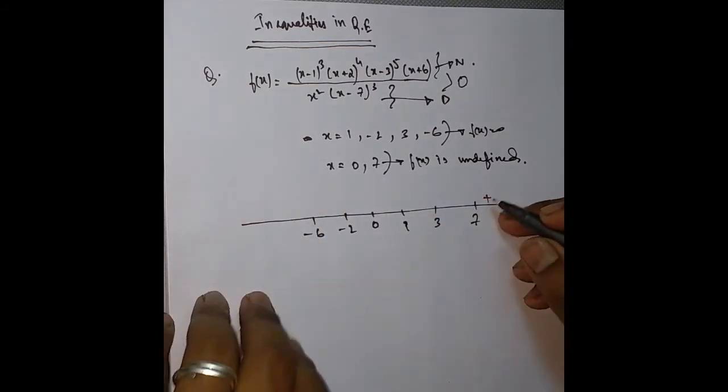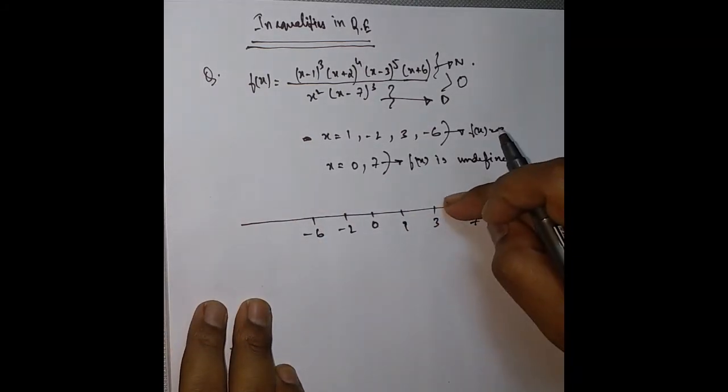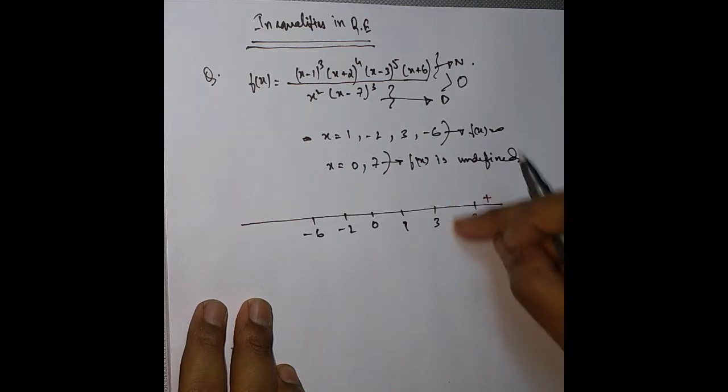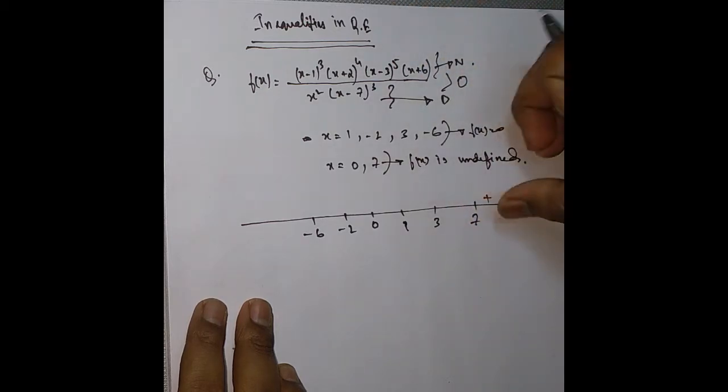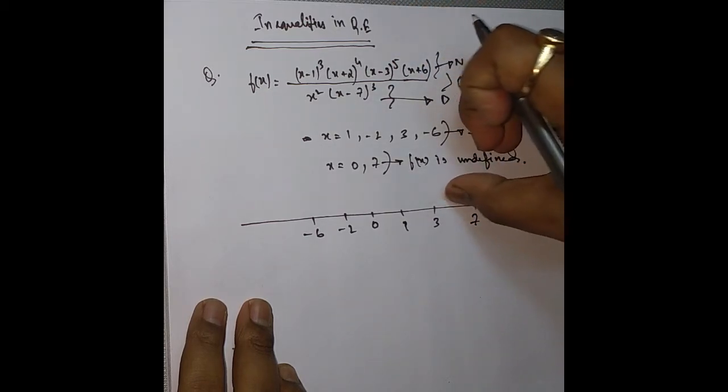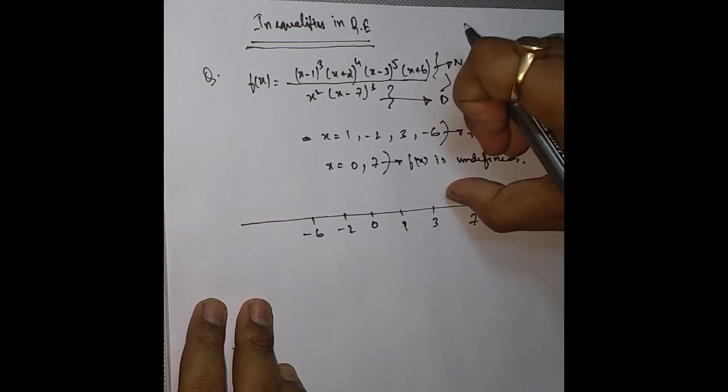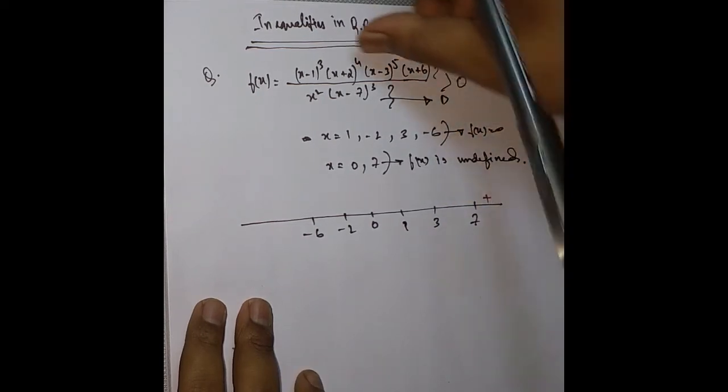And we will put a negative sign depending upon the power of x minus 7. If in the next interval it will be plus or minus, it will depend on the power of x minus 7.